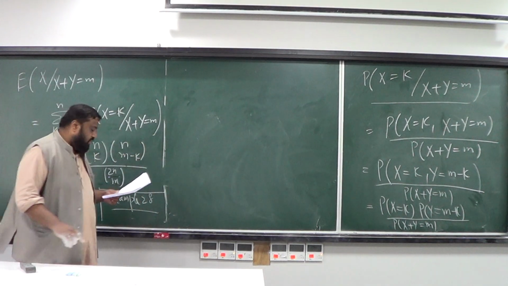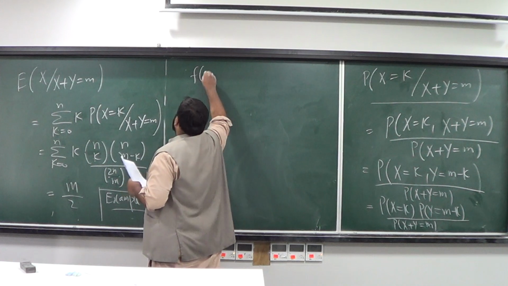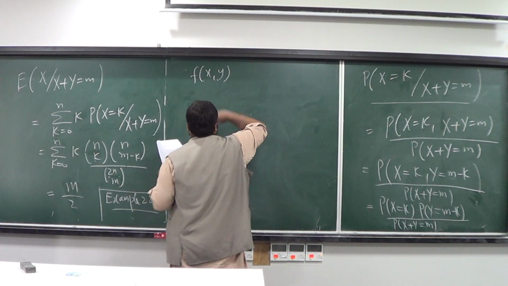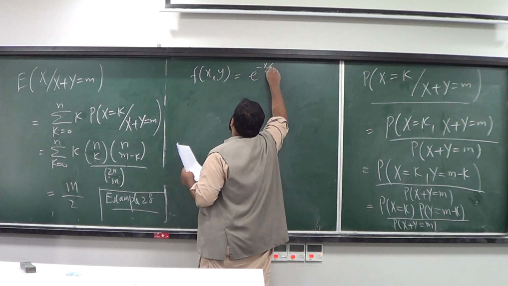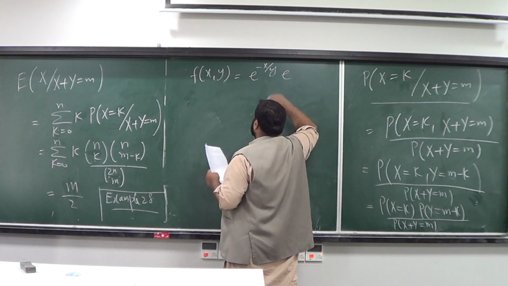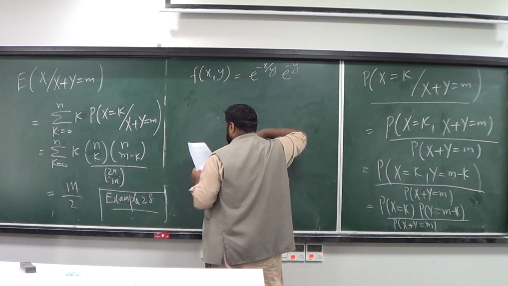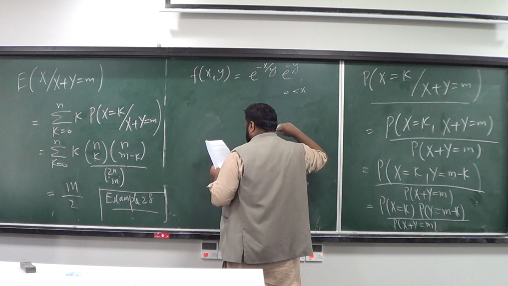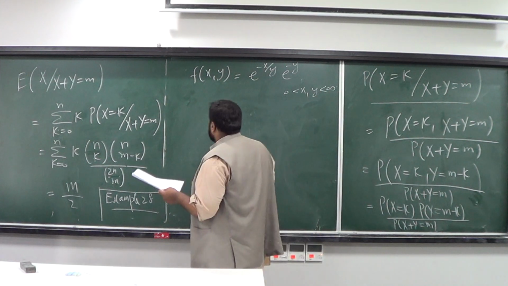Let's do an example from continuous time. Imagine you have been given the joint density f of x y equal to e to the minus x over y and e to the minus y, where x and y both are between 0 and infinity.